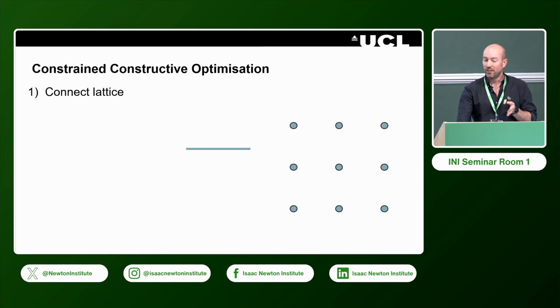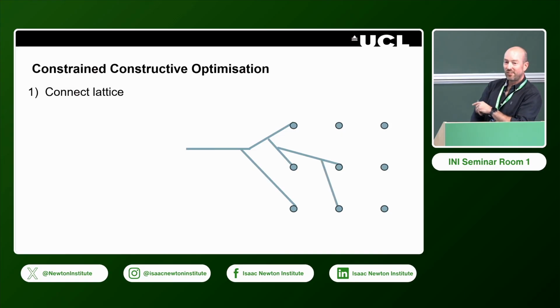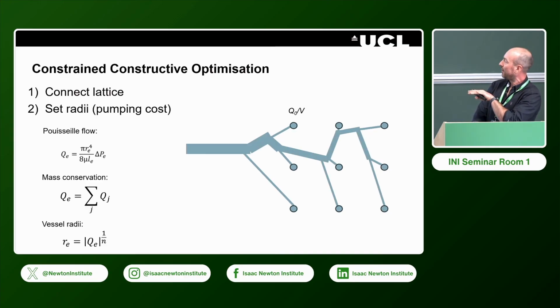And this is using a technique called constrained constructive optimization. What you do is you start with a regularly spaced lattice, which are these dots, and you start with a feeding vessel. You then kind of arbitrarily, based on minimal distance, connect those lines to the lattice points. So you're starting to create a network.